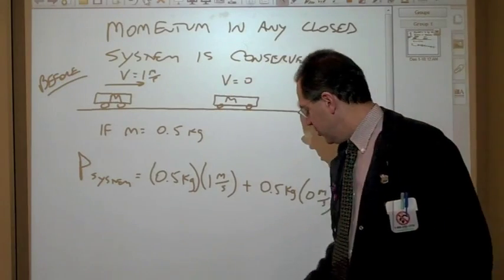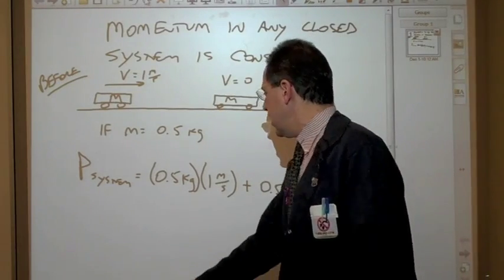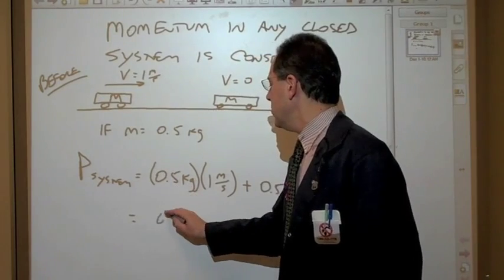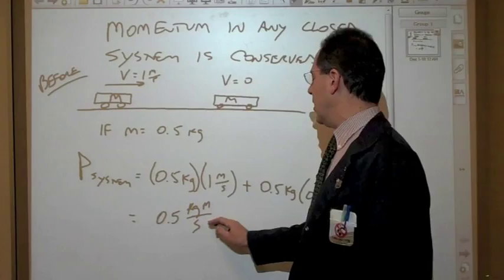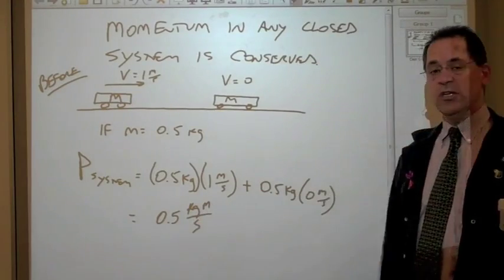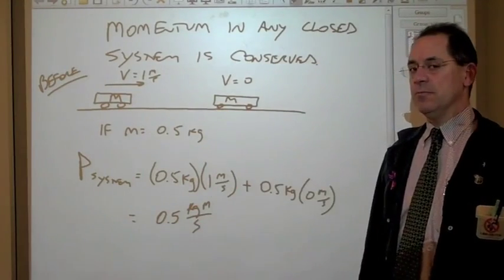So the total system momentum is equal to 0.5 kilogram meters per second plus 0, which is just this. This is the total momentum of the system.